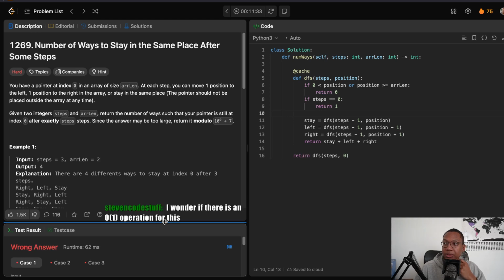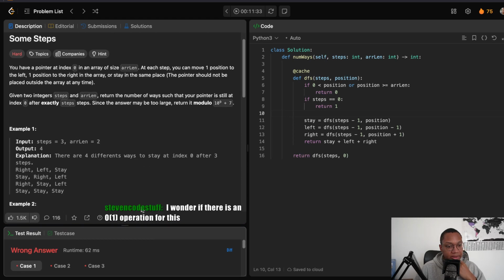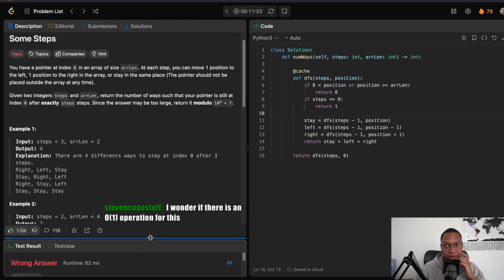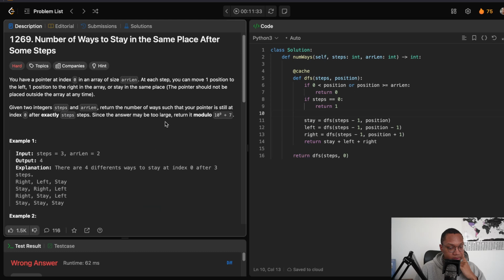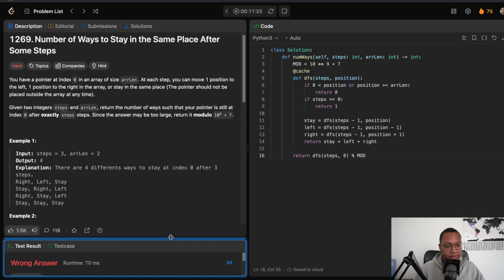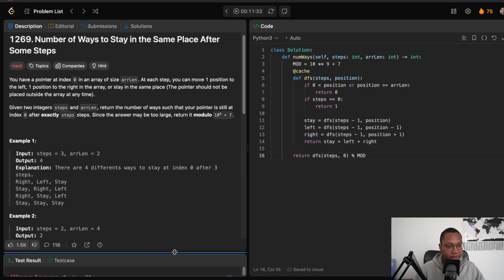I wonder if there is an O(1) operation for this. I feel like there's probably some math equation, or for this problem, at least. It feels like there might be some pattern. We have to modulus it too. I never modded it. I know that did not work though.